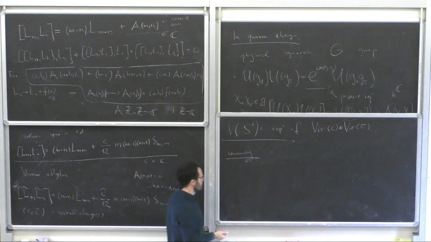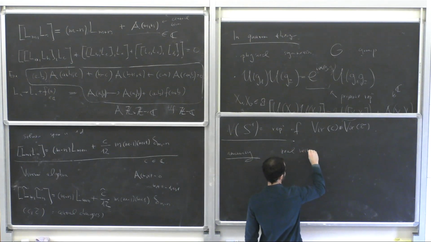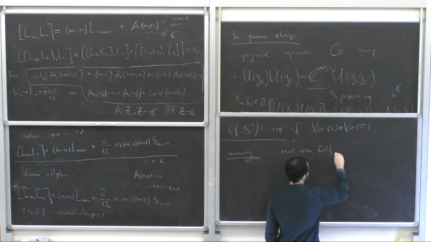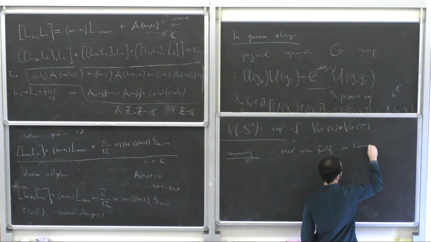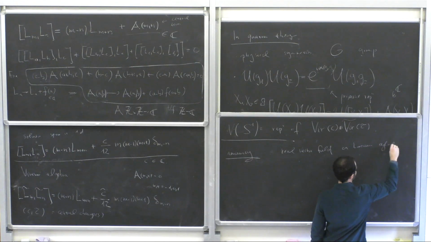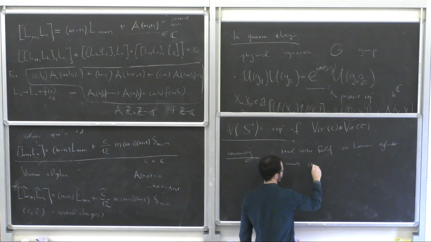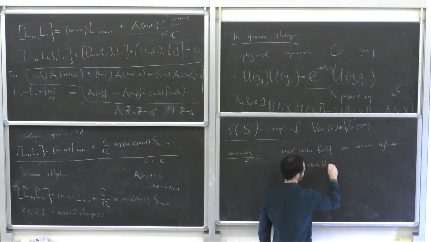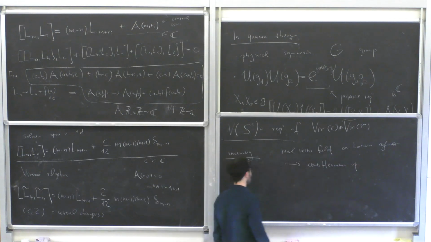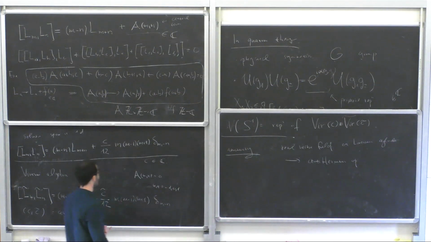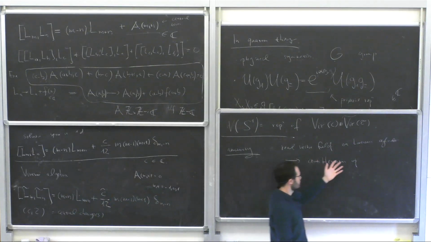It says that any real vector field on the Lorentzian cylinder should become an anti-Hermitian operator. And so we can just ask which of the small L's correspond to real vector fields on the Lorentzian cylinder.